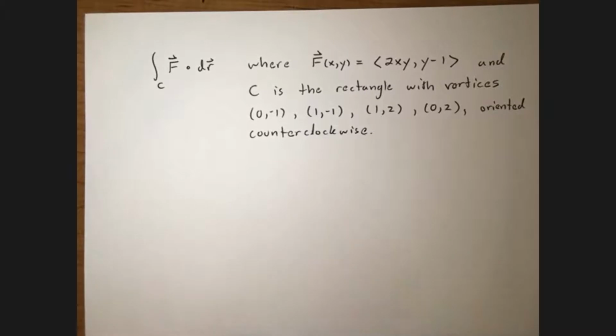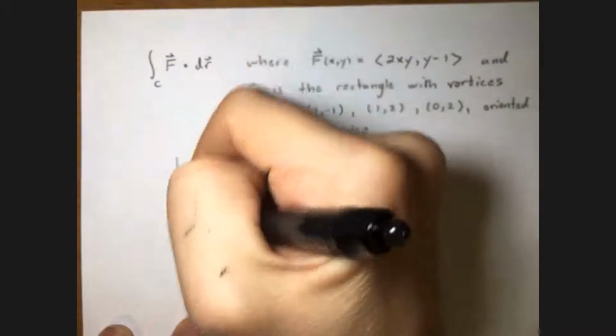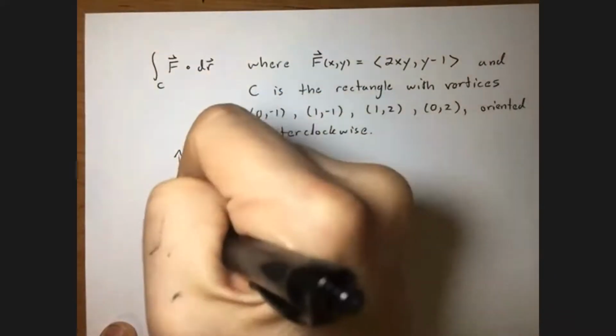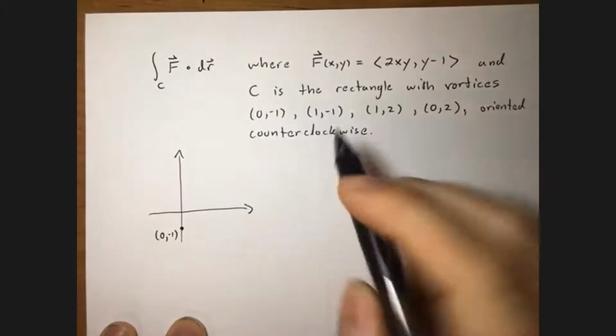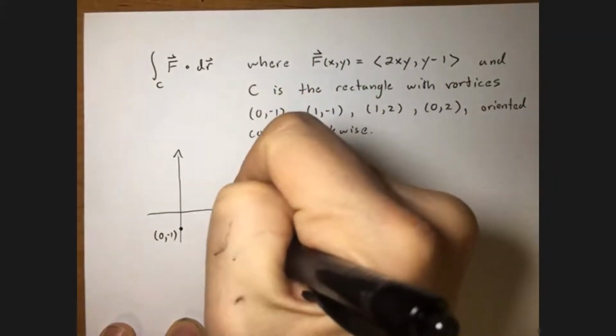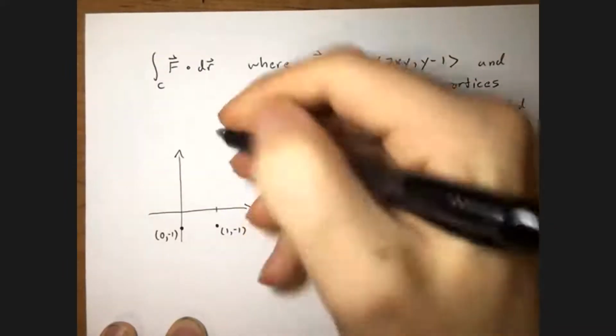All right, so let's just draw a picture. So (0, -1), that's this point over here. (1, -1). (1, 2).